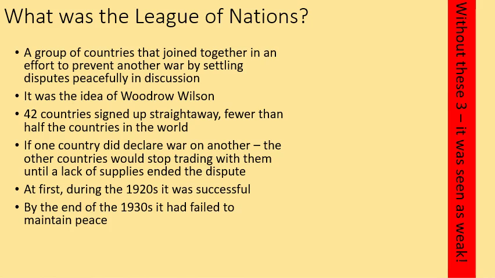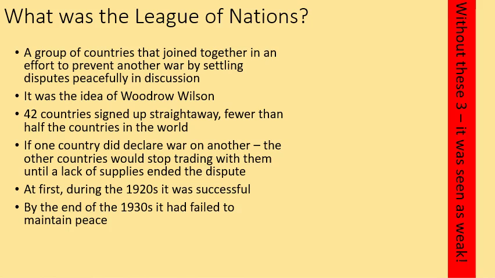If one country did declare war on another, the other countries would stop trading with them. And that was a tactic that they used to try and avoid war. So if Germany had declared war on Poland, for example, we're obviously at the end of World War I at the moment, all the countries in the League would stop trading with Germany.